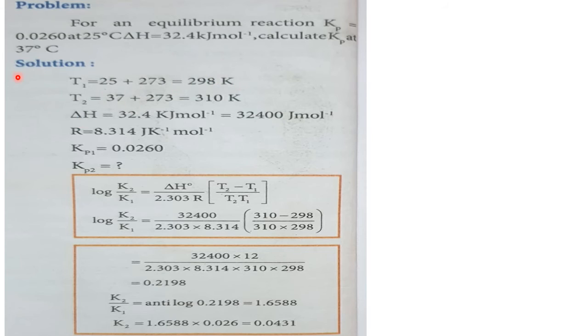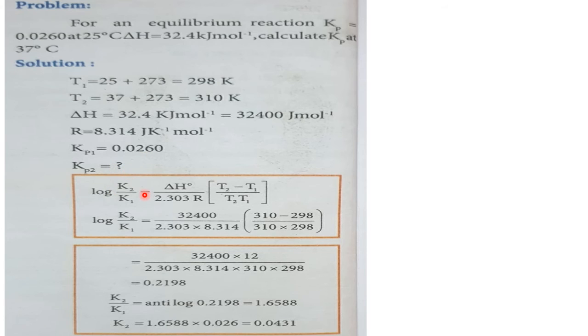Then T2: 37 degrees, so 273 plus 37, 310 Kelvin. Then the delta H value is given in kilojoules per mole; convert this to joules by multiplying by 1000, so 32,400. R is 8.314. Then Kp1 is also given, 0.020260. Kp2 you have to calculate.